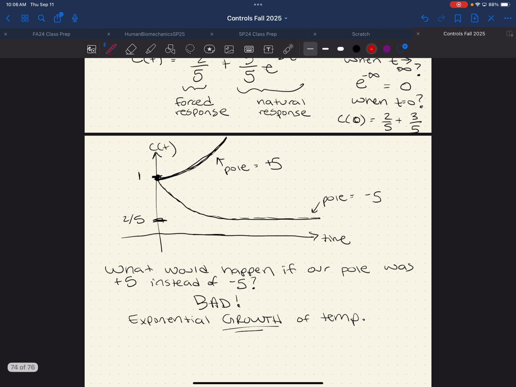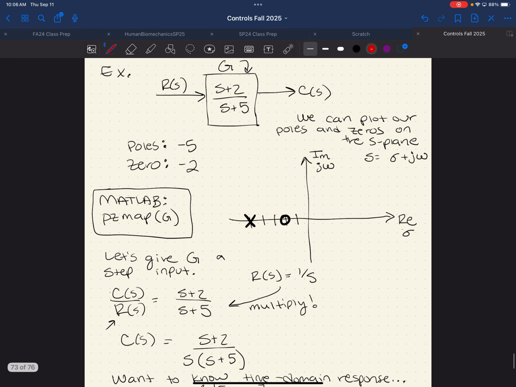This is another very, very key idea here in controls. Poles that are on the right half plane of the S-plane, so poles with positive real parts, always very bad, always unstable. Poles in the right half plane, bad.